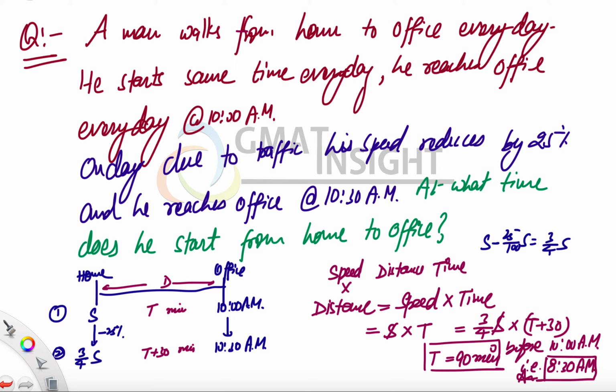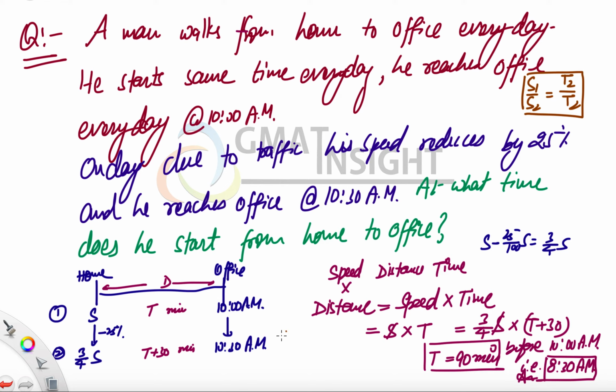To answer this question, we could also have used another principle. I am not much in favor of that, but you can see I just discussed one of the principles, and that was that the ratio of speeds is always equal to the reciprocal of the ratio of timings if the distance is constant. If you remember, in the previous video I told you this.